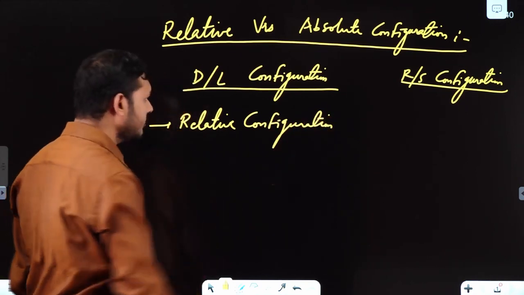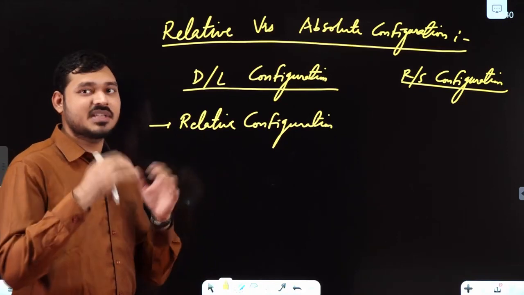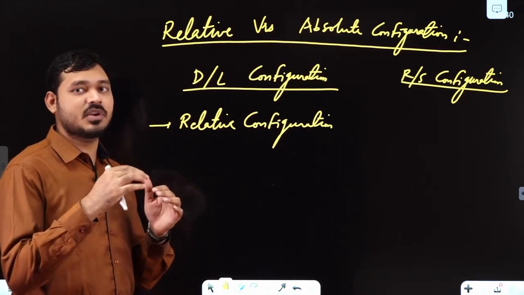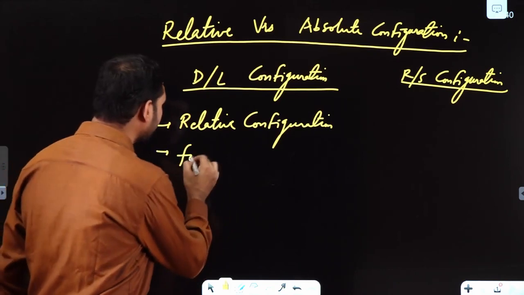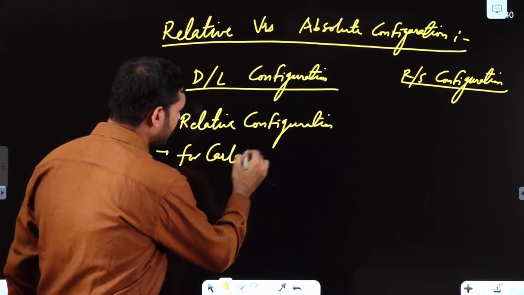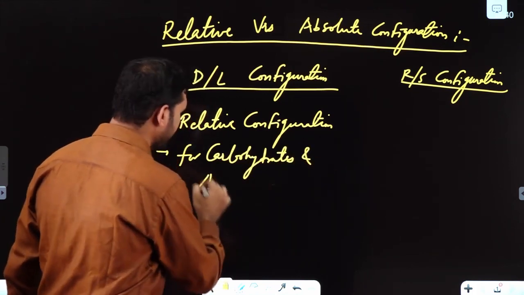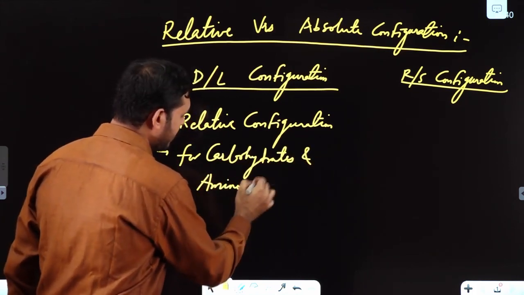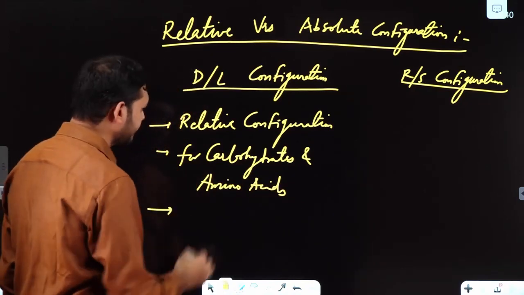Okay, clear? So it was relative configuration, derived with respect to D-glyceraldehyde, and studied for carbohydrates and amino acids.